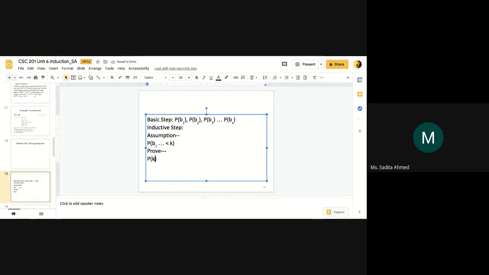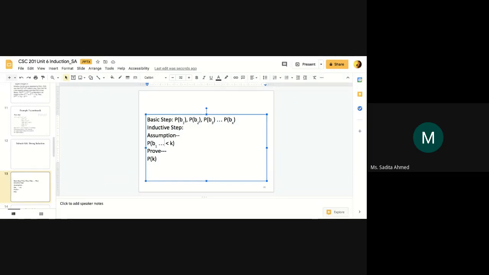The assumption covers k minus 1, which is less than k, so for all values starting from b1 until before k, that is, all values less than k, we are assuming that the statement is true. If that is our assumption, we have to prove it for the next integer.